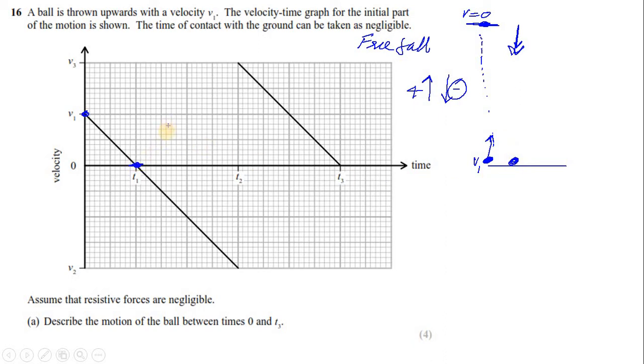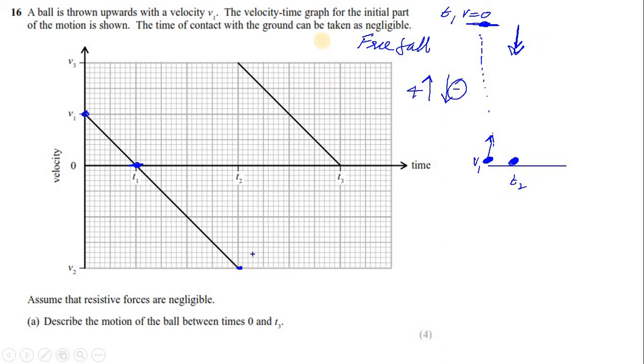We keep going with the same gradient in the negative direction. And here is the point where the ball reaches the ground, with some maximum speed. So this is time t1 here, and this is the time t2.